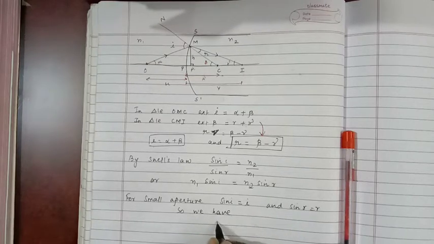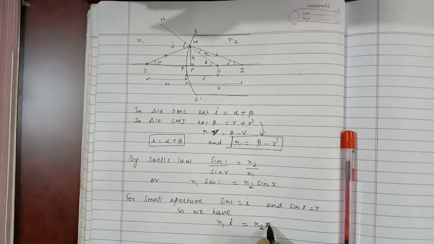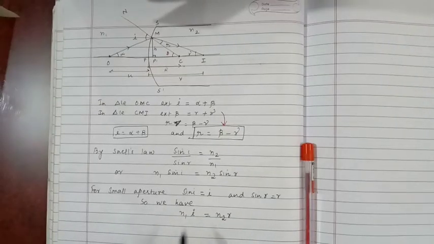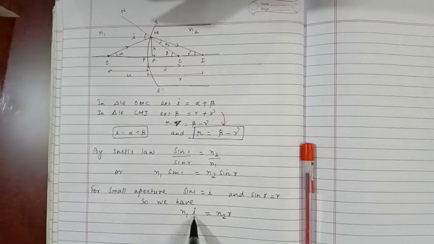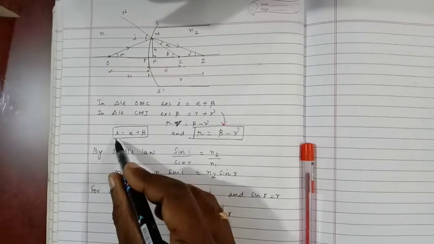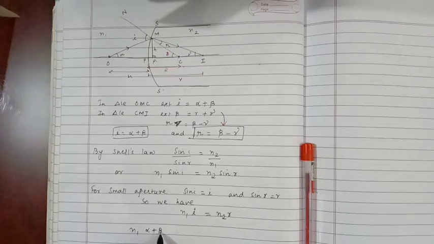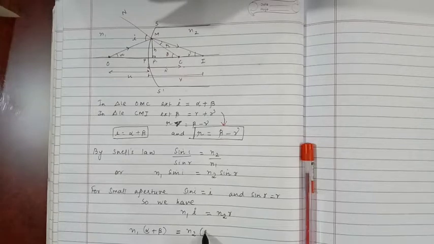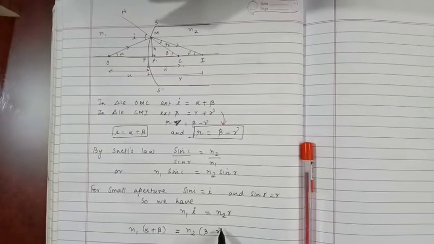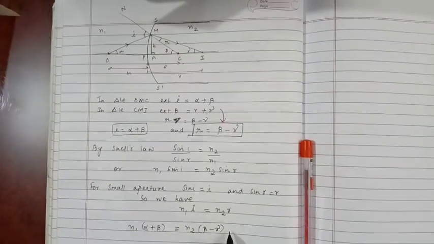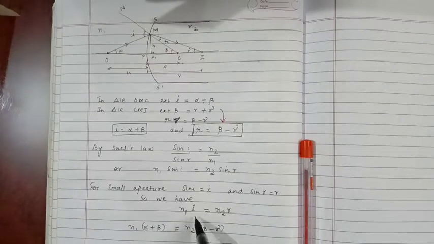We have N1 I will be equal to N2 R. So in this equation I am going to substitute the value of I and R. So we will get N1 (alpha plus beta) will be equal to N2 (beta minus gamma). Okay, so this is the equation we got after substituting the value of I and R.